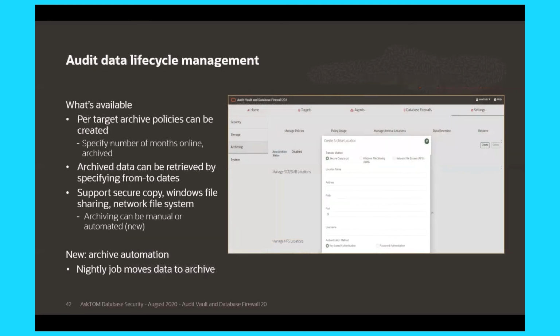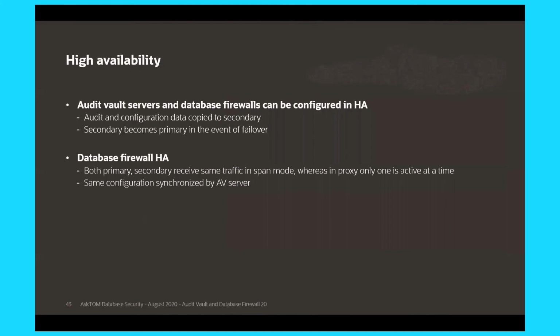We've already talked about lifecycle management, the ability to copy using secure copy or SMB or NFS, and the ability to do automated archiving, which I'm really happy to see. We didn't talk much about high availability. There's no change in what we do here from older versions of Audit Vault and Database Firewall. The Audit Vault server itself, that data warehouse, you can have a primary and a standby.